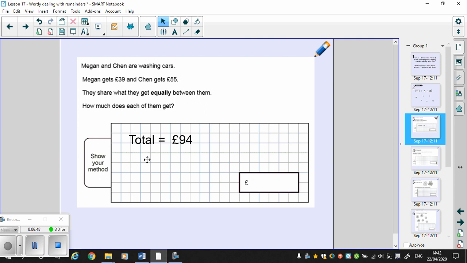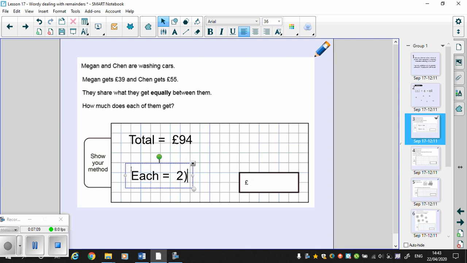And what I'm working out for the final step, the words are in the question. How much does each of them get? So I'm going to use the word each. And the each equals the £94 divided by 2. So I need to put the 2 and I need to put the gazinta, and I'm going to have to cheat a little bit, and the 94.